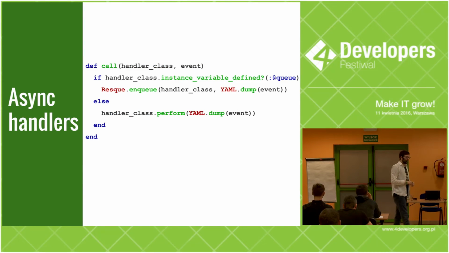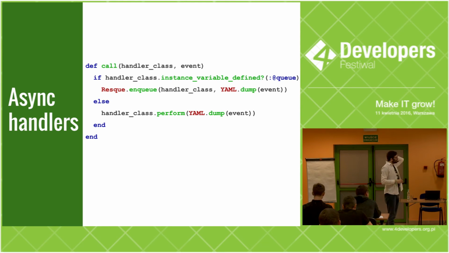At some point later, you might want to introduce asynchronous handlers because it actually can simplify quite a lot of things. So this is the core of the event dispatcher in our event store implementation. You have an event, and now we need to dispatch it to all the handlers, to all the subscribers.